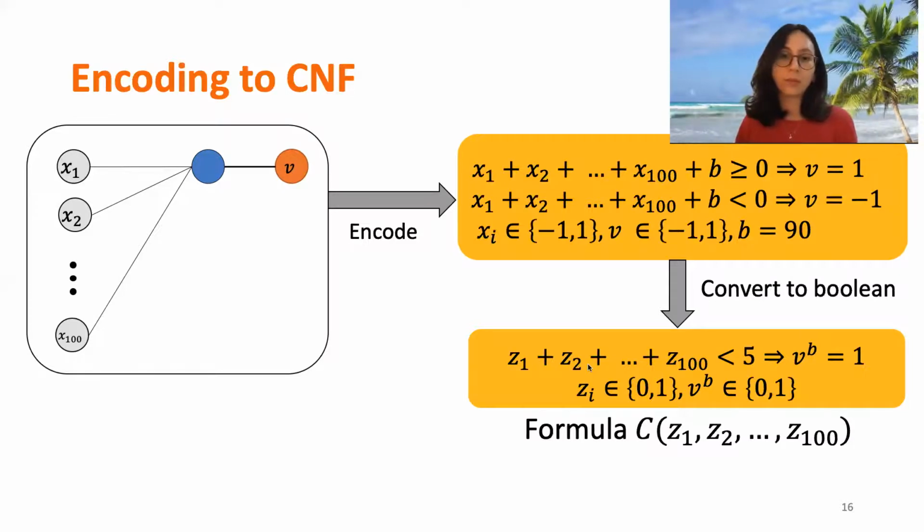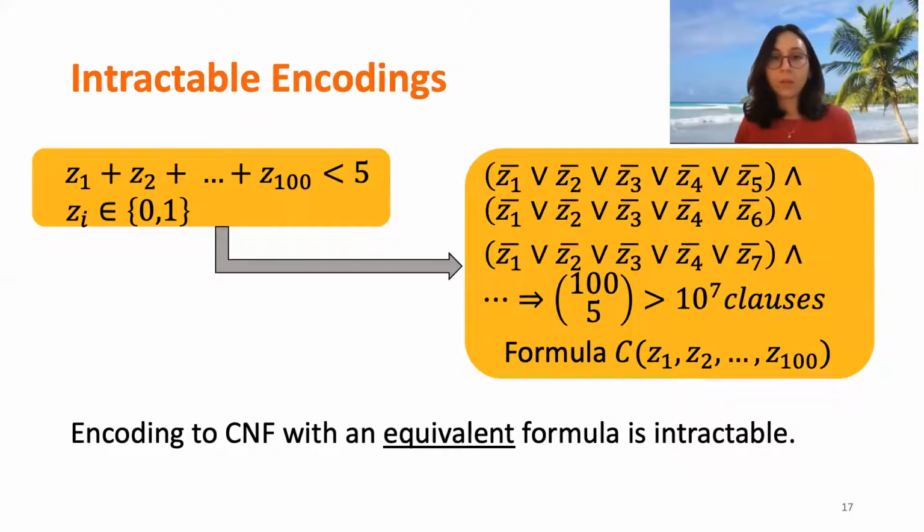So let's call this formula C. So one way to do it is to encode that all combinations of 5 or more variables cannot be set true at the same time. So this results in 100 choose 5 clauses, which is more than a million, 10 raised to 7 clauses. So this is just for one neuron, so you can imagine for the whole neural network it will be a very, very large intractable encoding.